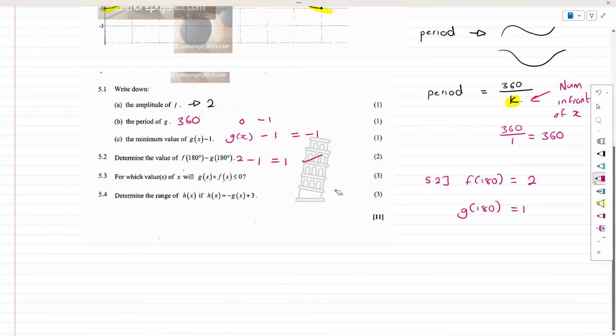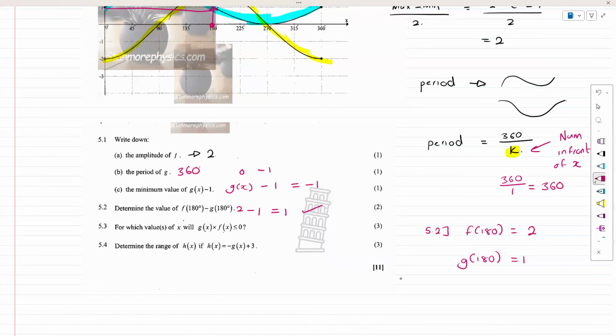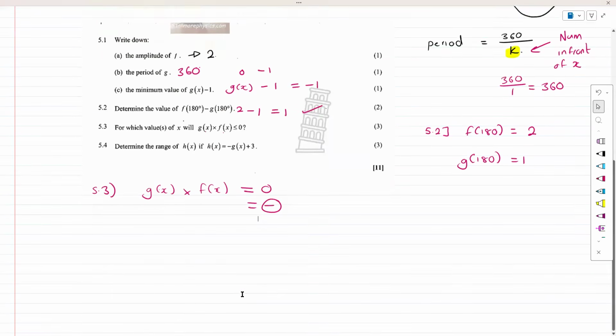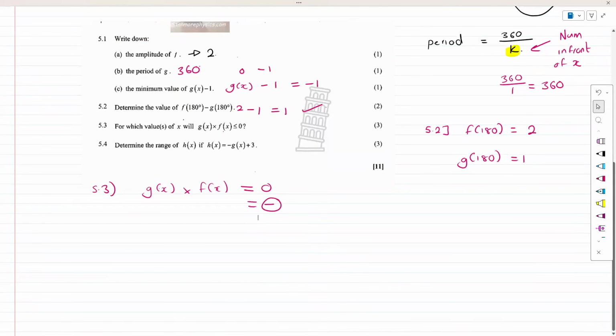So everything you calculate here is in terms of y values. Now, you see this point for 5.3. It says, I want the g graph multiplied by the f graph to be equal to 0, or equal to a negative number, because it must be less than or equal to 0. Now, what does that mean? Guys, before we even start, how do we get a negative number?